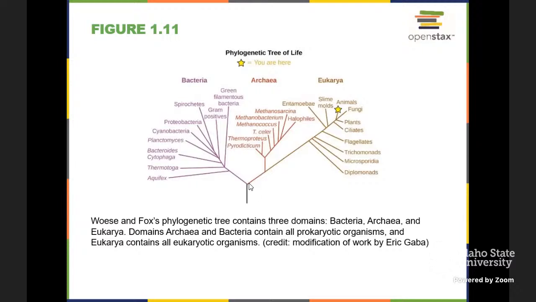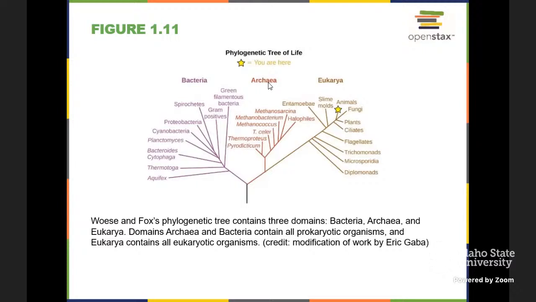So we start off and we see this branching point. Each of these branches on our tree we would call nodes, and a node is a speciation event where we see separations. So at this point, up from our root down here, we see a separation. Bacteria start developing, and shortly after that, maybe not so shortly, we start accumulating differences, and those differences give us another node, another branching point.